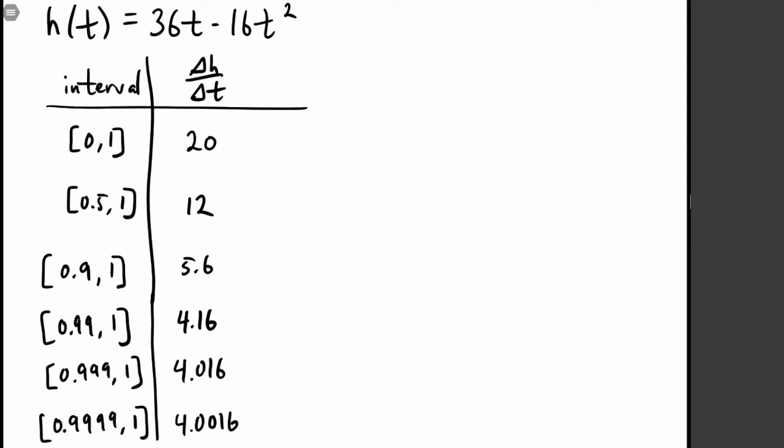And that's what, back in the average rate of change video, we did this one about shrinking the interval. And here you can see the results of that, right? This was the position function, the height function of something. And we were trying to narrow down what the exact velocity at t equals 1 was.